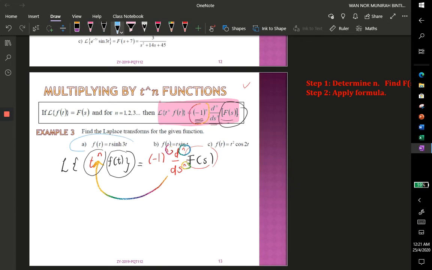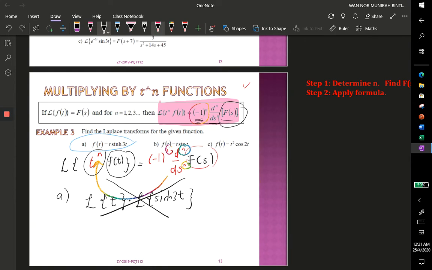Let's say example a. Given that f(t) equals t sin 3t, Laplace of t sin 3t is not equal to Laplace of t multiplied by Laplace of sinh 3t. This is wrong. You need to apply the multiplication by t to the n.